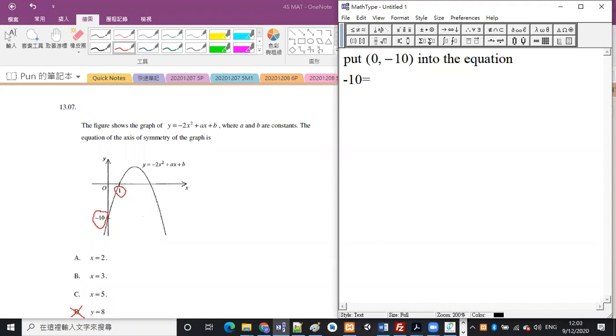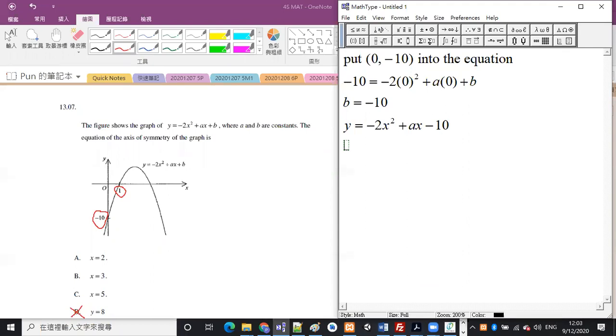Okay, so -10 is equal to -2 times 0 squared plus a times 0 plus b. Okay, so we can easily find that b is equal to -10. All right, so y is equal to -2x squared plus ax minus 10. And then we still have another information. So one of the x-intercepts is equal to 1.